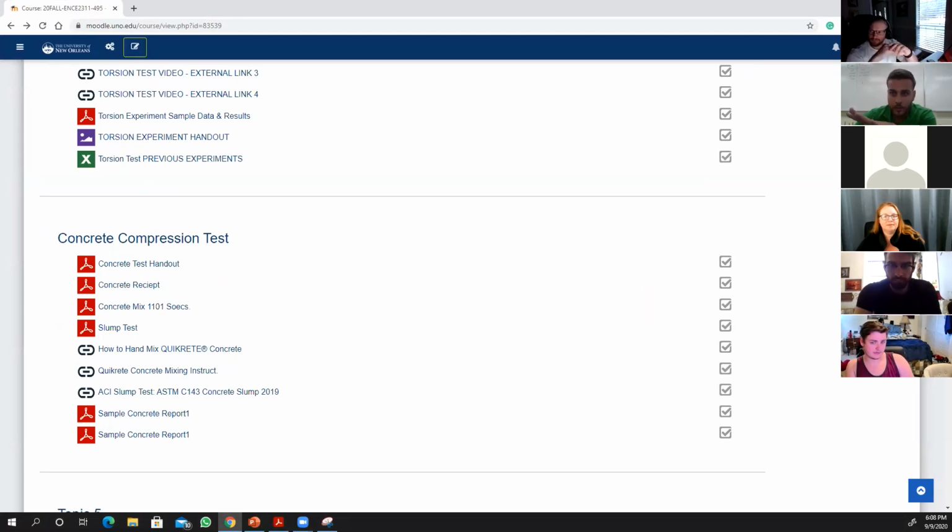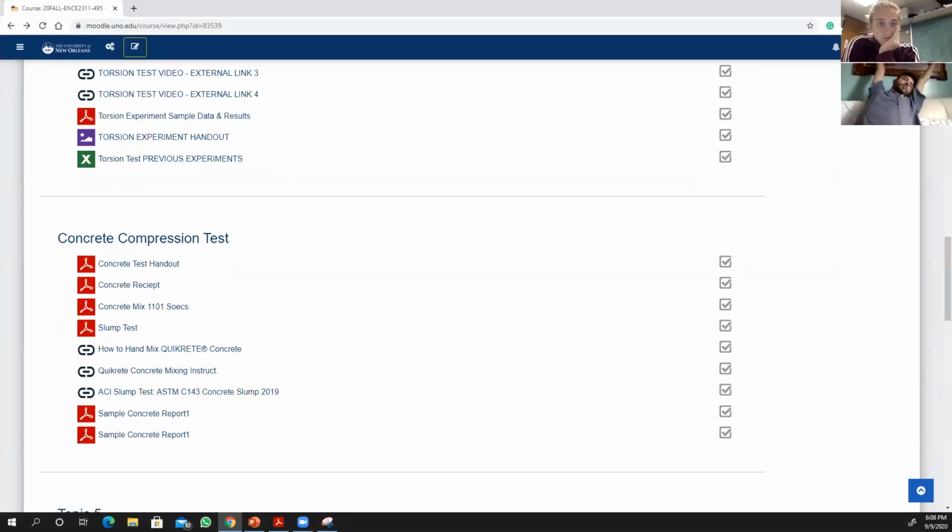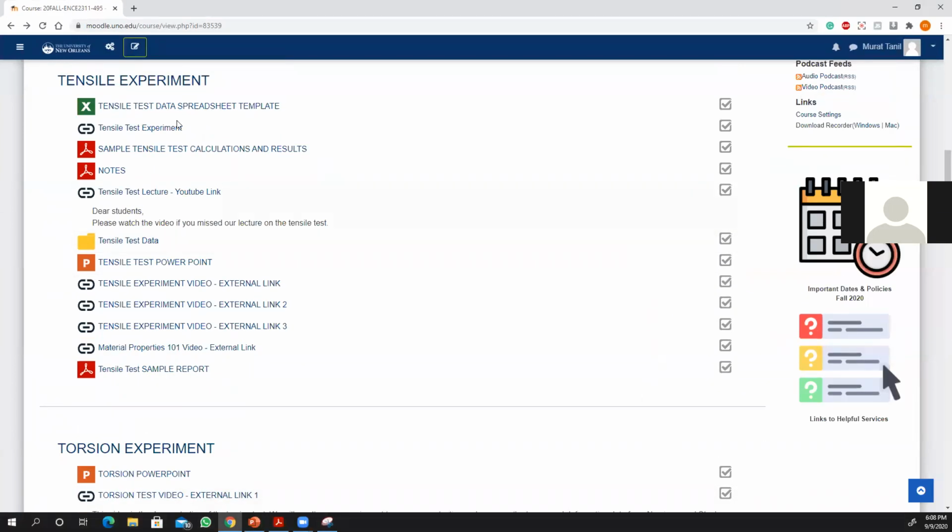I don't know how many students I have, but if I get any bad report on the tensile experiment, I'm gonna assume that they didn't watch anything, they didn't follow the procedure, they just want to pass this class with a C or fail it.